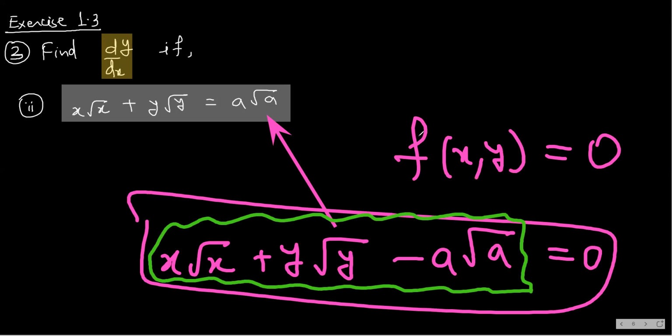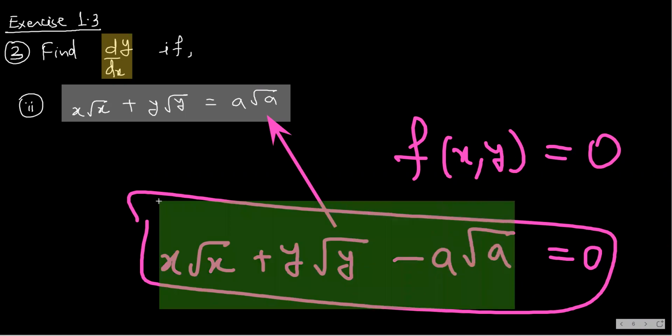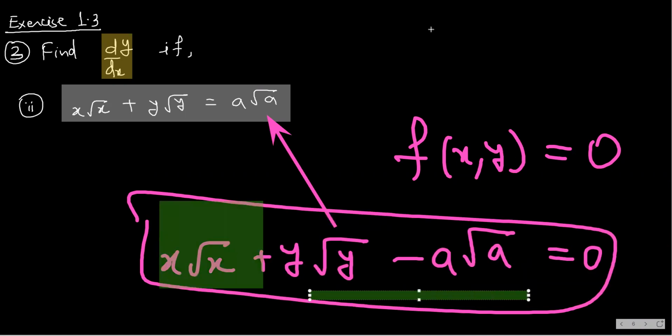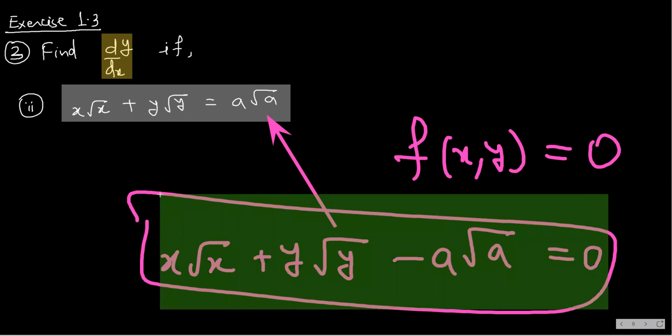So that rule I indicate by the letter F. You can check what we notice. We notice that this equation is in the form f of xy equal to 0. So hence I call this an implicit function.